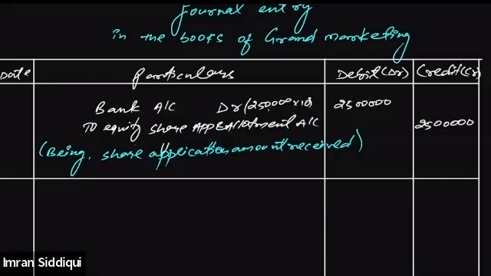All right. And once the share application is received, now we will have to basically transfer this amount to share capital. So we'll have to pass one more entry for transferring this amount to share capital.